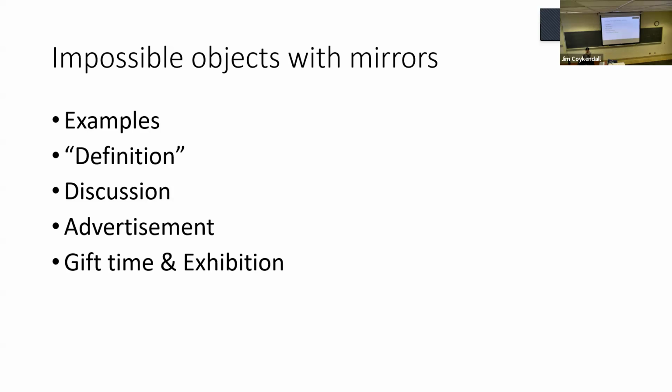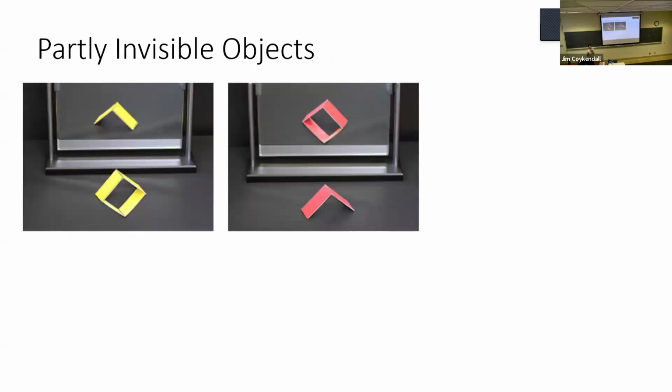So let's start with examples. There are different types of impossible objects. The first one, partially invisible objects. You have a ray, and in the mirror, half of it is gone. Well, you can also reverse.